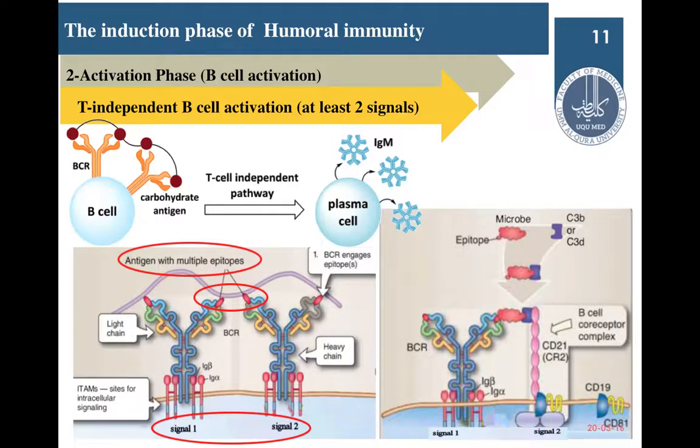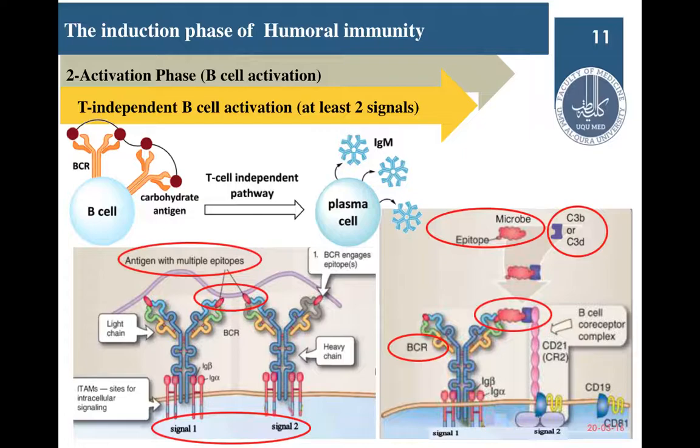There's another way of activation of T-independent cells, and that occurs because of the microbe bound to the complement protein C3b or C3d. The B cell receptor produces the first signal and the complement proteins produce the second signal.